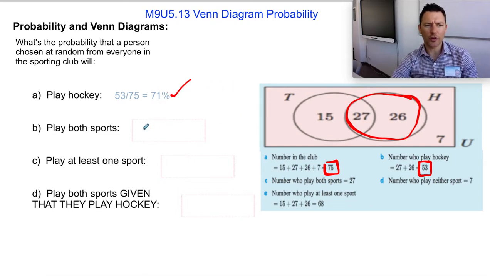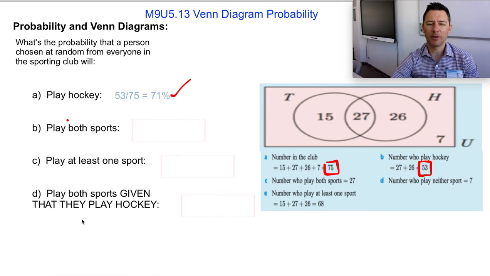Take that idea and try these probabilities. The probability that you pick somebody and they play both sports. They play at least one sport. And then this one, think about play both sports, given that we know that they play hockey. Yeah, try that. Okay, play both sports. Both sports is only the 27. It's these out of the total.